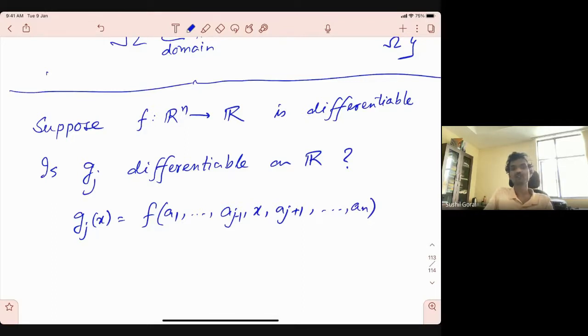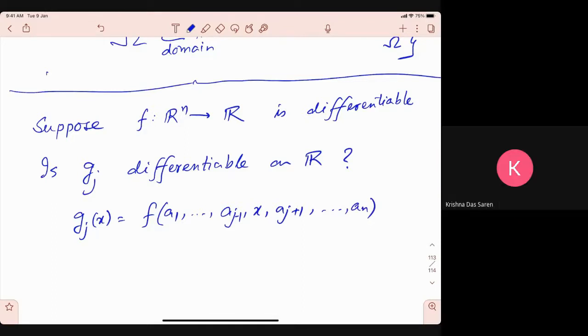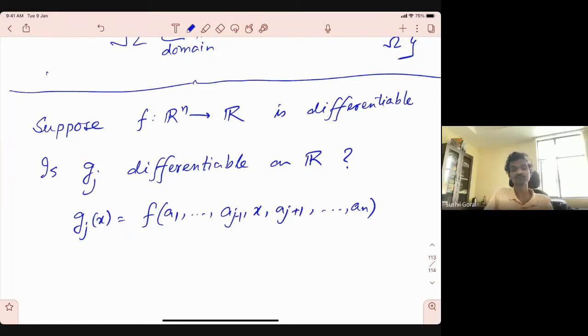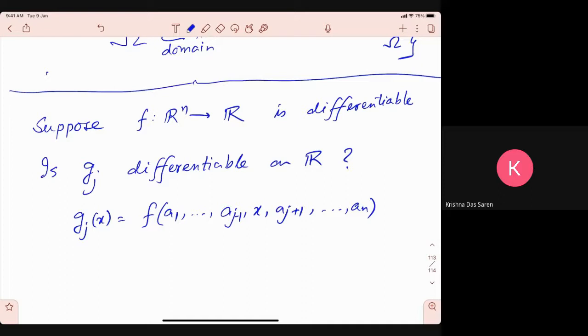Krishnadas Soren, are you there? Yes, sir. Can you tell me whether gj is differentiable? I think yes. How do you think so? So what is its derivative?